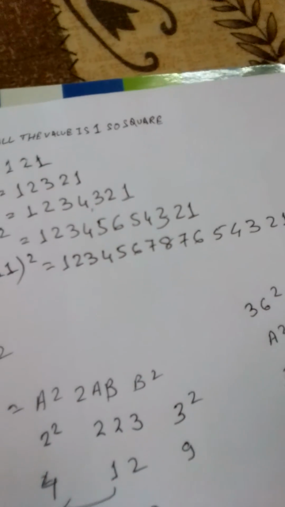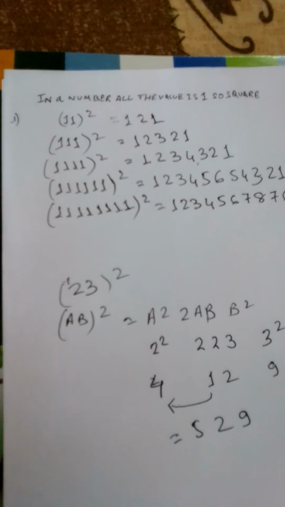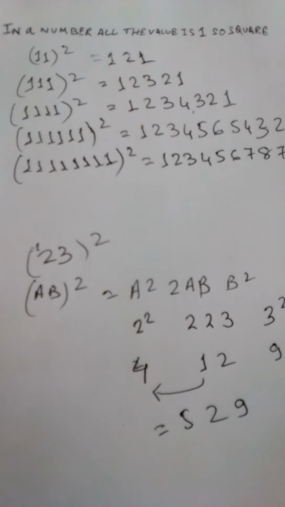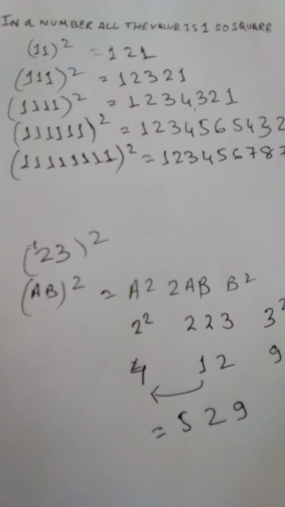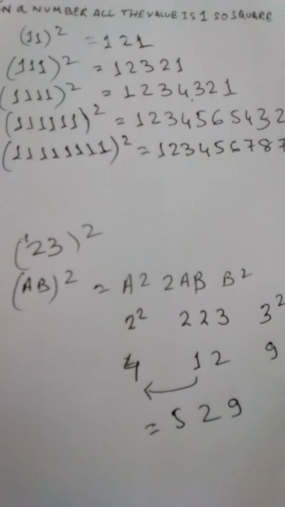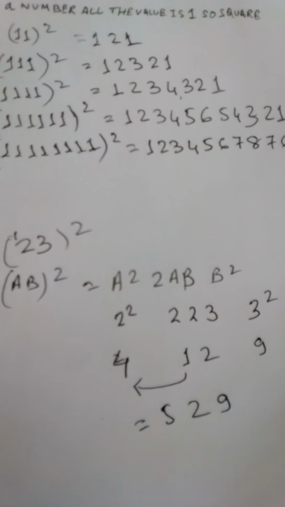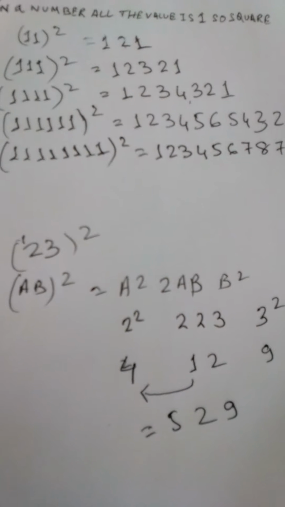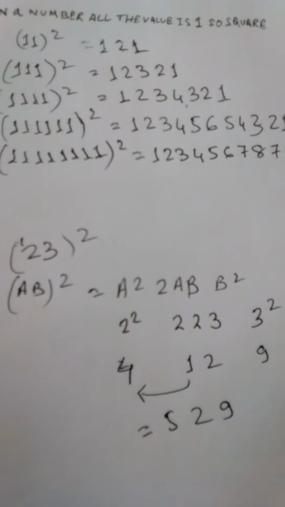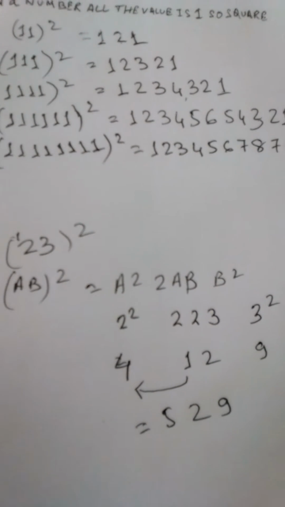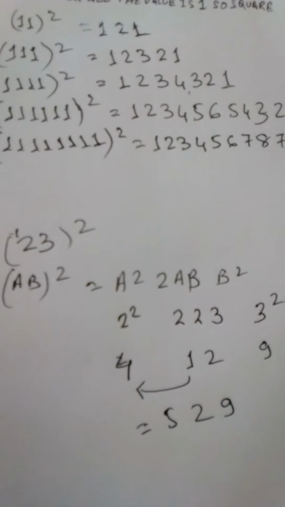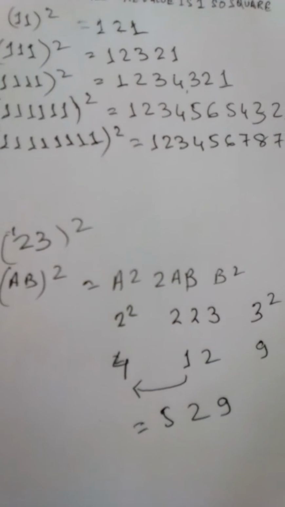So we come to the next rule, where we will find out (a plus b) whole square. The formula for (a plus b) whole square is a square plus 2ab plus b square. In the formula for (a plus b) whole square, we generally write a square plus 2ab plus b square, but in this case we will write only a square, 2ab and b square.